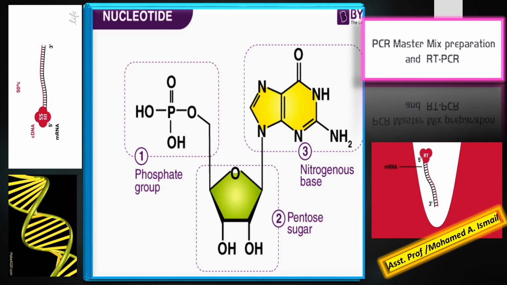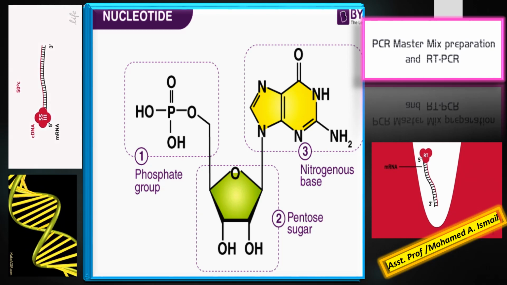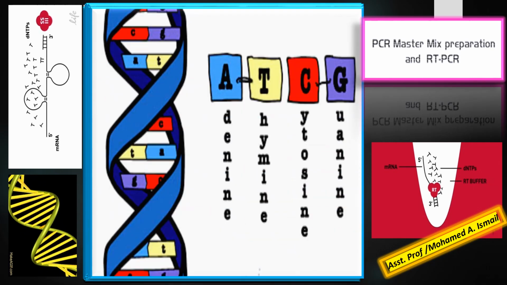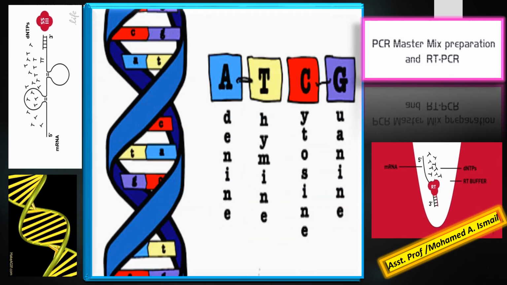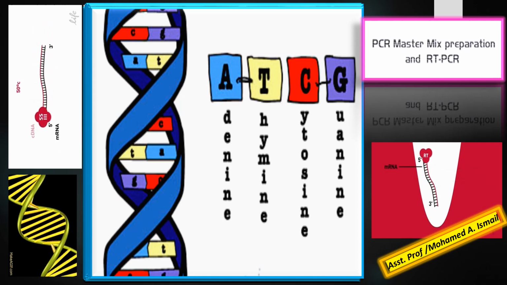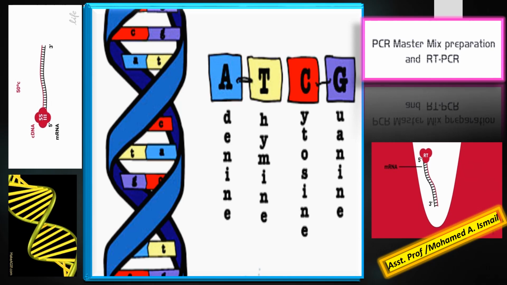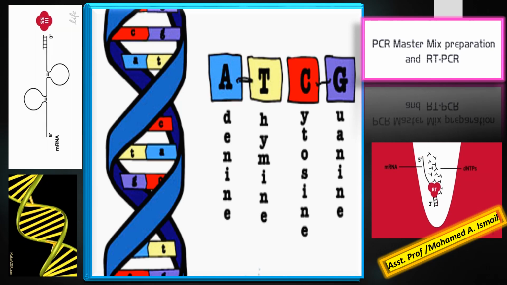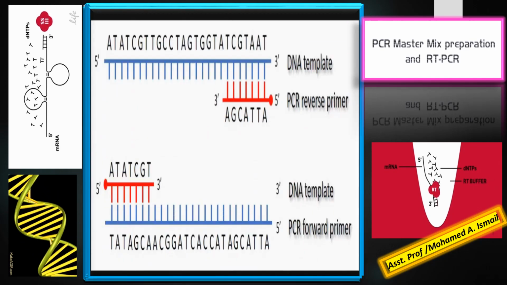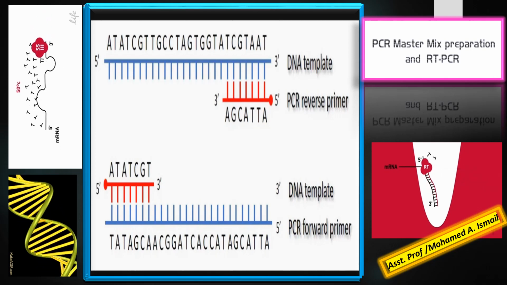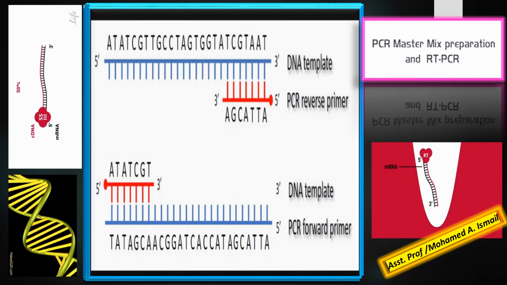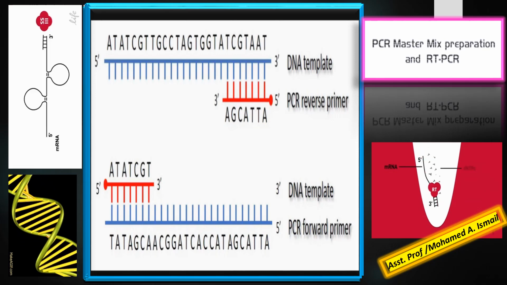Besides that, the forward and reverse primers are short sequences of nucleotides complementary to both strands of the double helix of the DNA, which provide the initiation sites for the elongation of the new strand of DNA by Taq polymerase. RNase inhibitor is required to preserve the RNA template from RNase degradation or digestion.